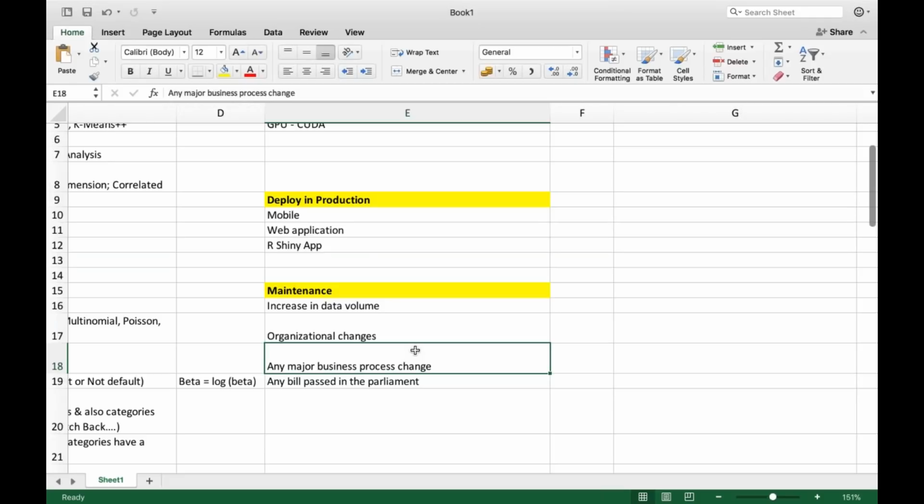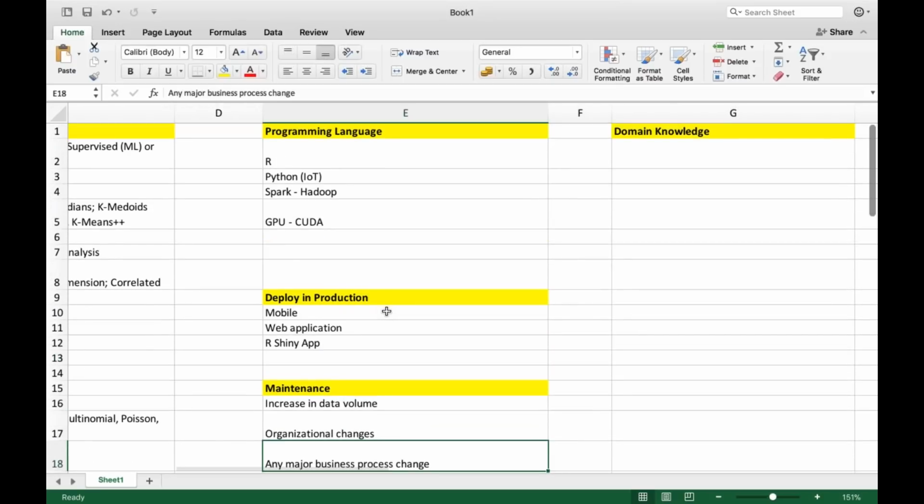They will be scared to use it again. So until you maintain the model, it's not going to give you better results. So these are a few things that you need to be aware of before you plan to attend any interview.